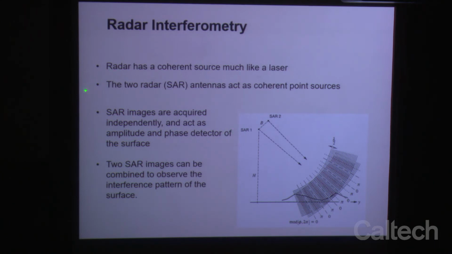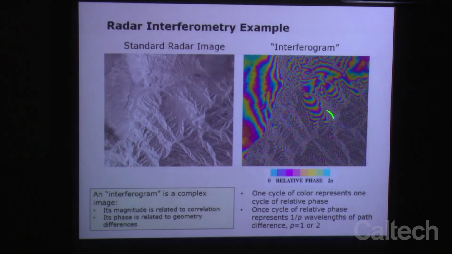Since radar is a coherent source, if you have two radar antennas that act as coherent point sources, then they're propagating radar energy along these planes of propagation, and what scatters back, you will get various kinds of wave fringing effects. You can basically generate an interferogram from the two SAR images that you get, and that looks something like this.